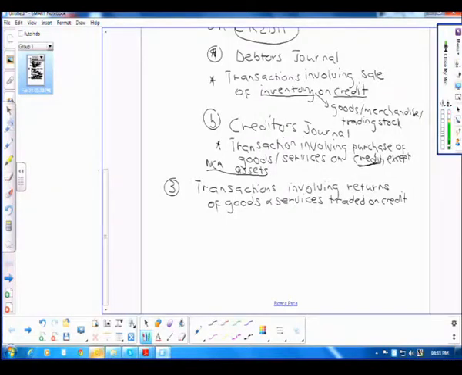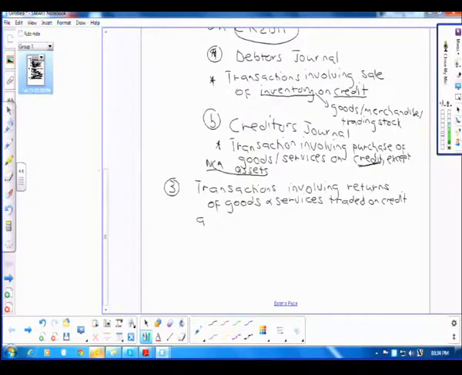It may happen that you sell something on credit and the customer is not happy about it. They will return it to you. If the customer bought something for 1,000 on credit, the customer owes you 1,000. If they bring it back, then their debt must go down. If we sold and the customer is not happy and returns it, or we overcharge the customer, that transaction will go into what we call the debtors allowances journal.